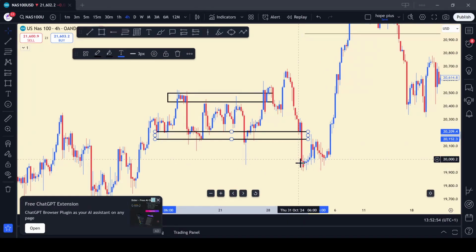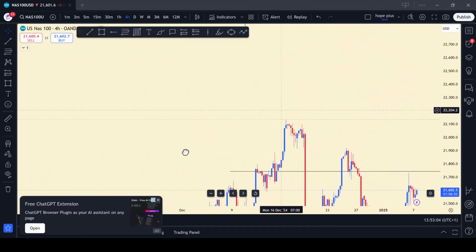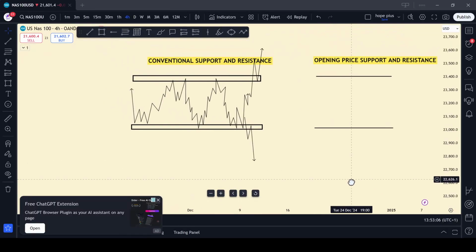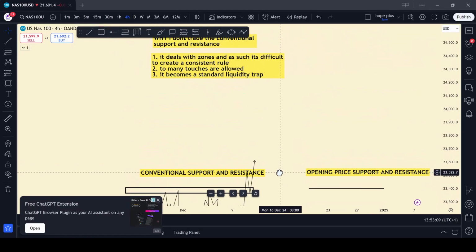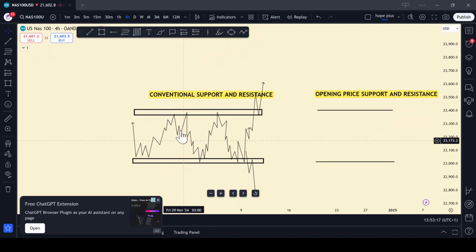And before you know it, price pushes higher. So do not be the trader that buys at this level. Instead, there are ways you can trade support and resistance without becoming liquidity for the smart money. And the last one here, it becomes a standard liquidity trap.